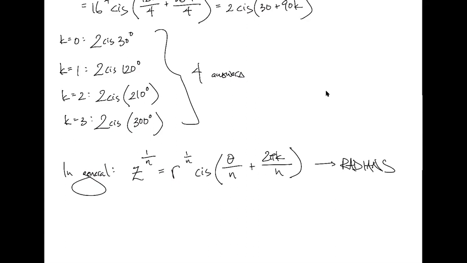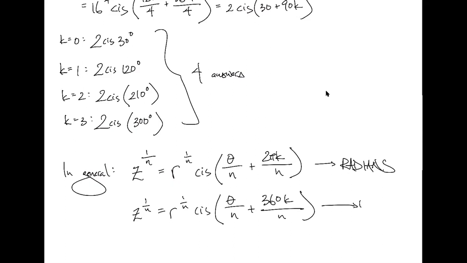If you're working in radians, you want to use this version. The only thing you need to change if it's in degrees is you just need to change that 2 pi to a 360. And this will give you the same formula, but for degrees. Okay?